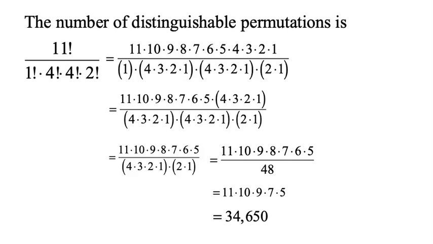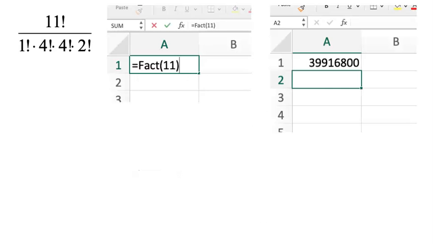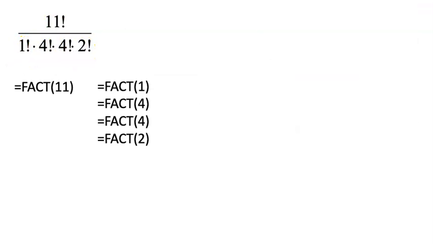Now certainly a calculator or a computer will help you with some of these more challenging computations. So I'm going to quickly show you how you can evaluate this on Excel. If I want to do 11 factorial, the command on Excel is equals FACT, F-A-C-T, parentheses 11, hit enter, and it will give you 39,916,800, a very large number. So I'm going to do 11 factorial, 1 factorial, 4 factorial, 4 factorial, 2 factorial.